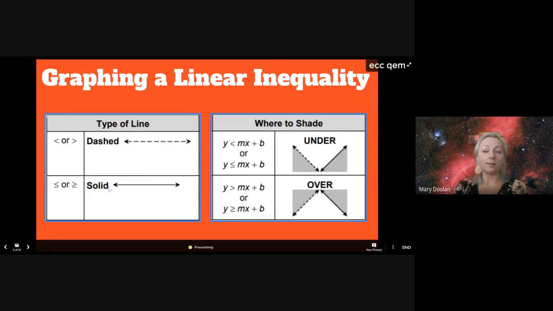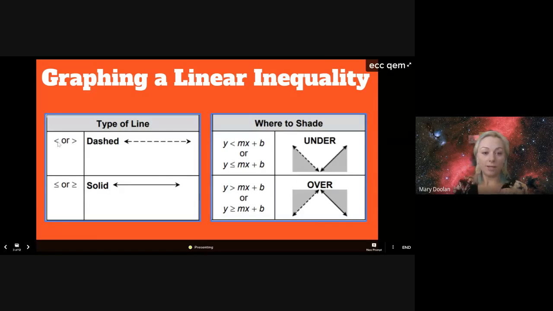All right, and if the symbol that we have in our inequality is a less than or equal to sign or a greater than or equal to sign, then we're going to have a solid line because it includes that equal to part. Okay, so you can remember that if it includes part of the equal sign, then we're going to use the solid line like we usually do when we graph a linear equation with an equal sign.